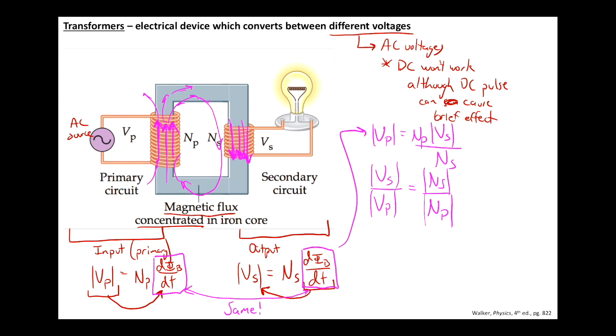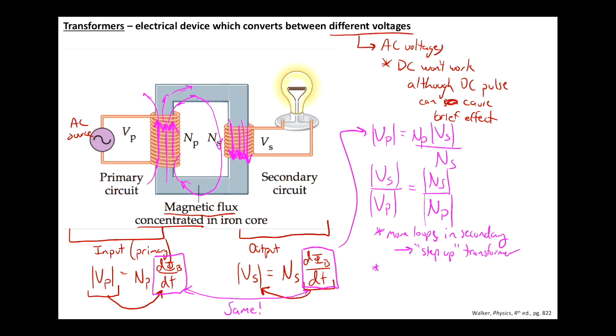So let's make a couple of notes about this. We could say that if you have more loops in the secondary, then this would be a step-up transformer.